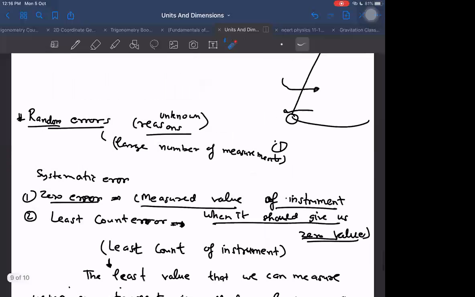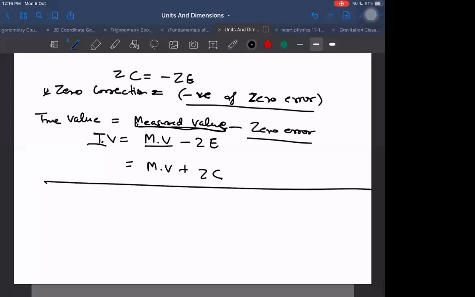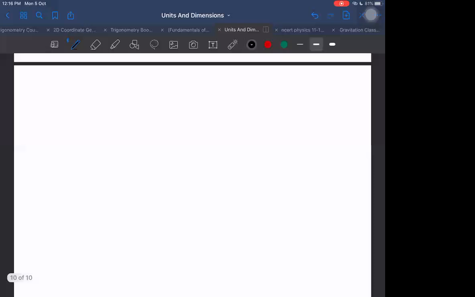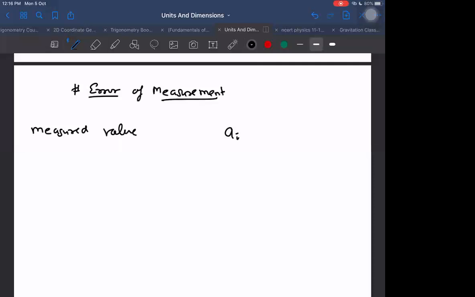Anyway, let me define error normally. These are two systematic errors, but other errors, how do we define error? Let me tell that thing also. Error of measurement in one quantity. Let us say I measured the quantity A and the measured value in the ith measurement is A_i.